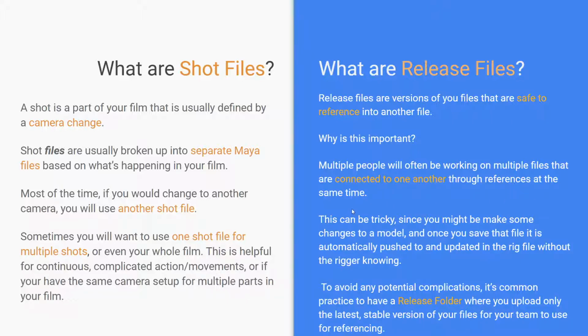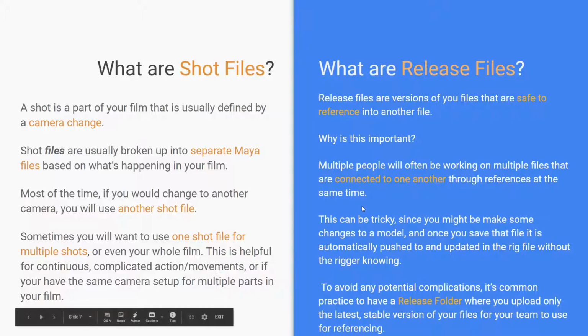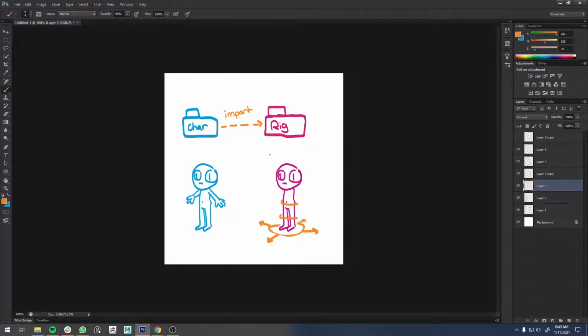If I'm currently doing the character rig, like we were talking about in this example, and the person in the character model file is making little changes willy-nilly and saving, even though I don't want his current version of the character model yet, I'm trying to get something done, all of a sudden little changes are going to start popping up on my character inside the rig file. Because of that reference link between the two files, it creates this disruption in the workflow, and it makes it hard for someone to work.